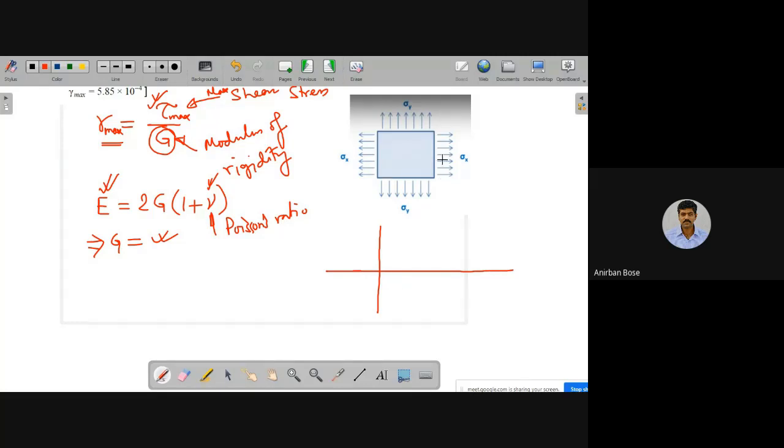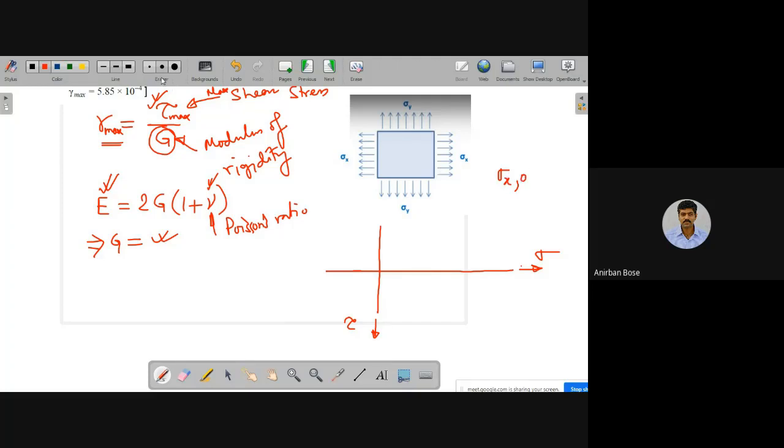here you see that this is sigma x. Here we are considering this direction as sigma and this direction as tau. You can also consider the upper one as tau; all that depends on the sign convention you are using. I am doing it this way. So what we are going to put is sigma x comma 0.